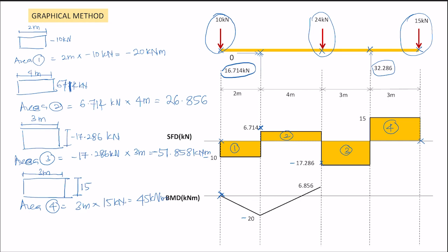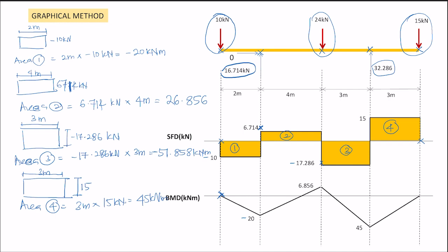Therefore, 6.856 minus 51.858, you will get 45. Actually, it is 45.002. But since kita ada round up sebelum ni, bila kita calculate for reaction, that's why kita terdapat tepat-tepat 45.